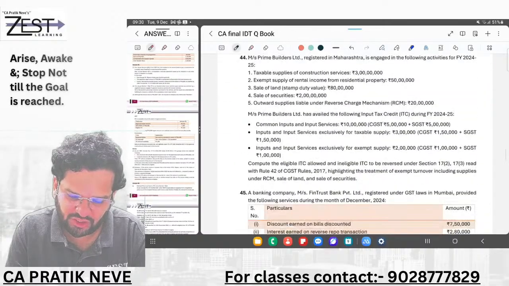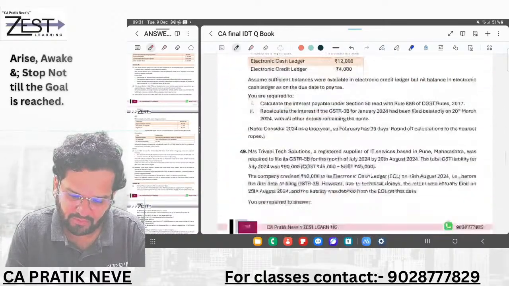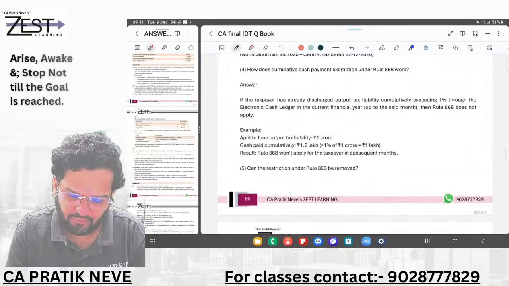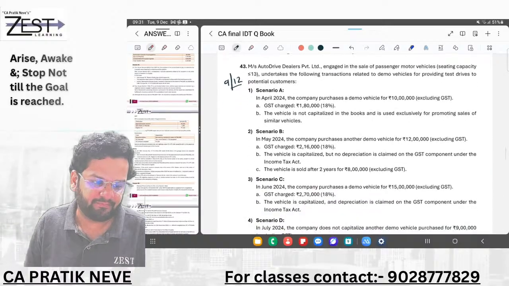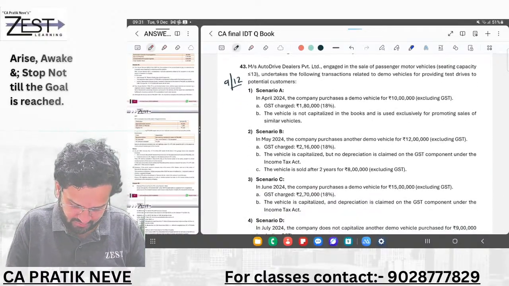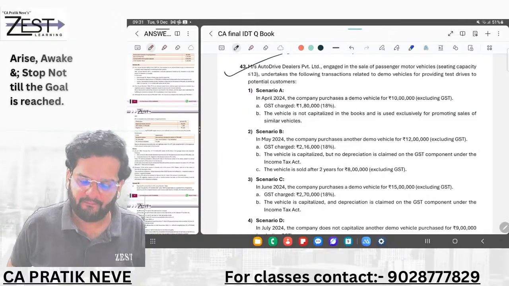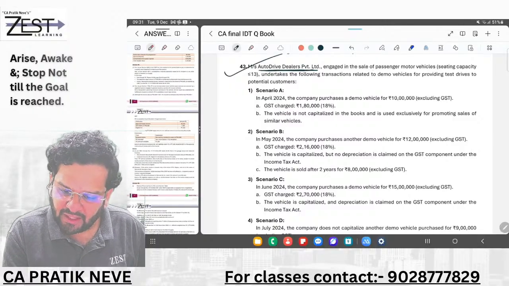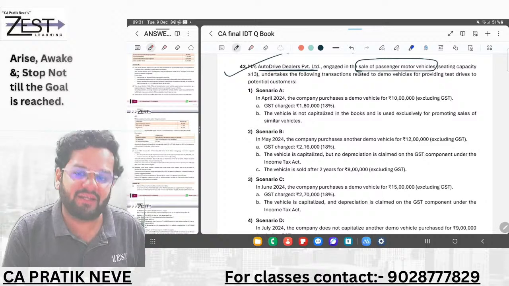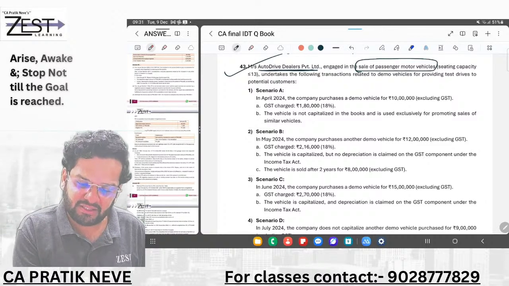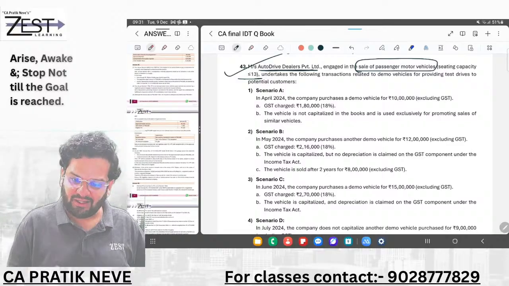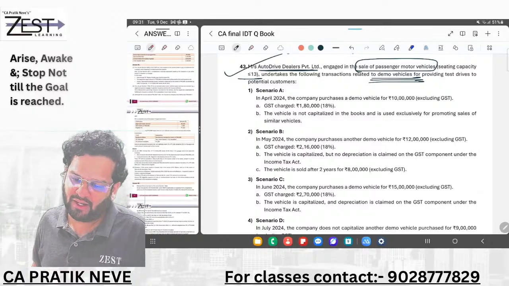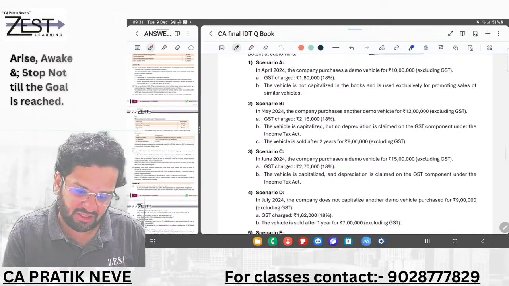Now see this one question, the last one for today, which is question number 43. Are you there on question number 43? Messrs Autodrive Dealers Private Limited is engaged in sale of passenger motor vehicles, sitting capacity not exceeding 13. They undertake the following transactions related to demo vehicles: providing test drives to potential customers.